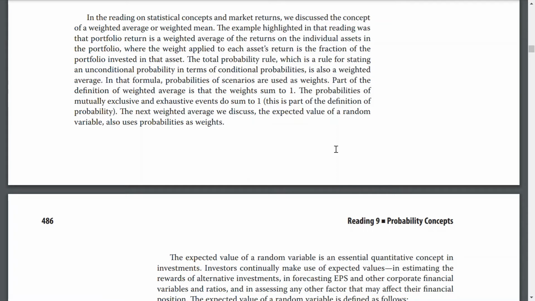In that formula, probabilities of scenarios are used as weights. Part of the definition of a weighted average is that the weights sum to 1. The probabilities of mutually exclusive and mutually exhaustive events do sum to 1. This is part of the definition of probability. The next weighted average we discussed, the expected value of a random variable, also uses probabilities as weights.